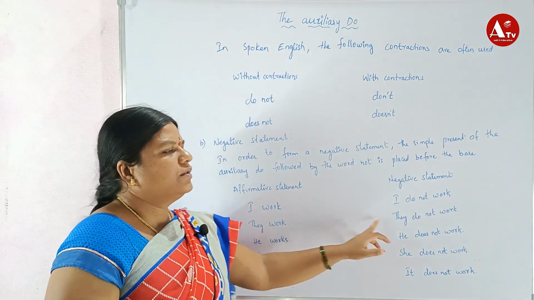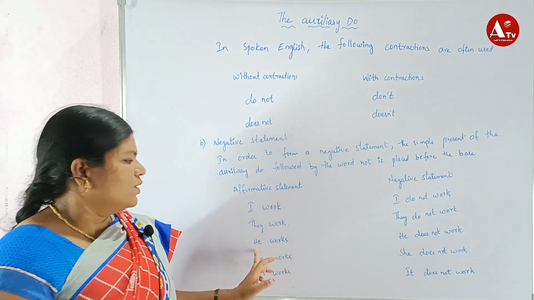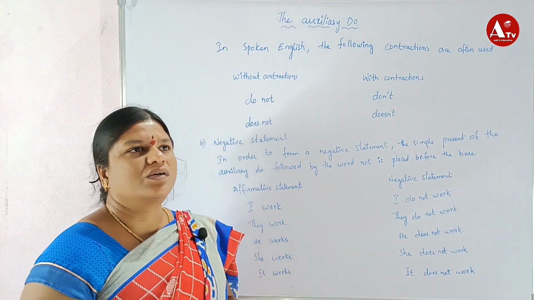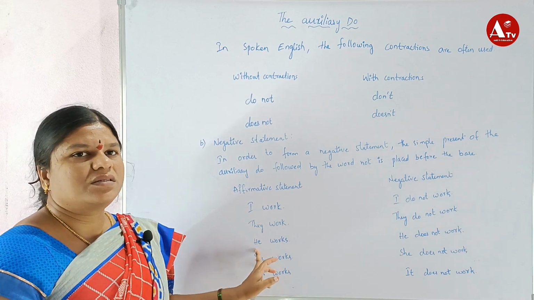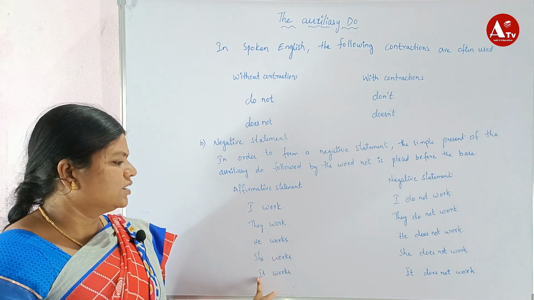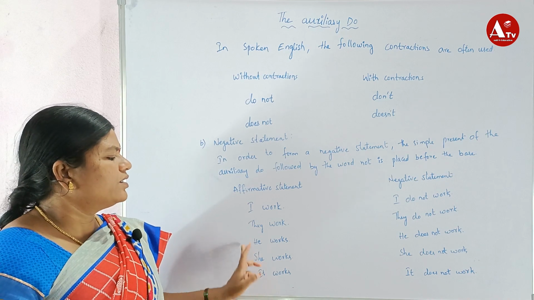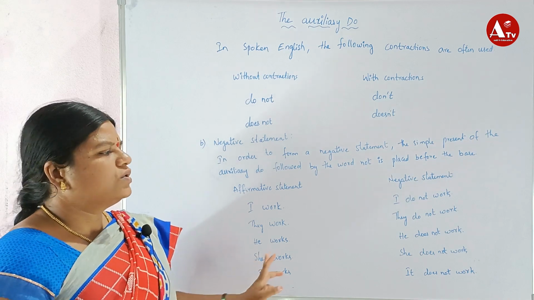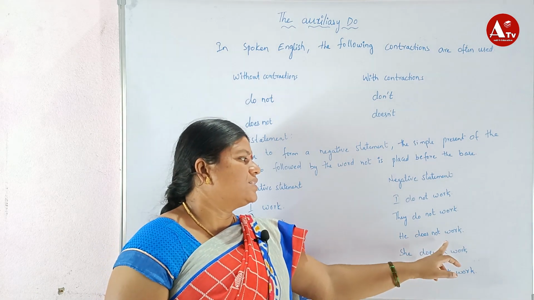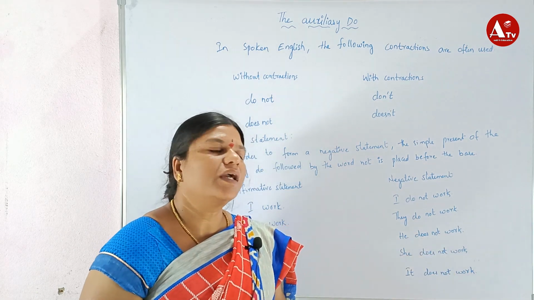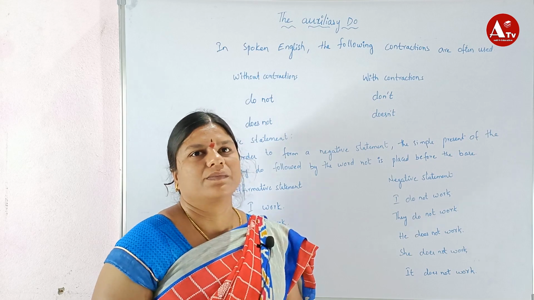They work, they do not work. He works, he does not work. When it comes to the third person singular, he, she, it, these three indicate the third person singular, so does not is used. He does not work, she does not work, it does not work.